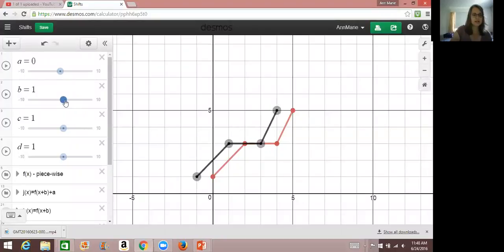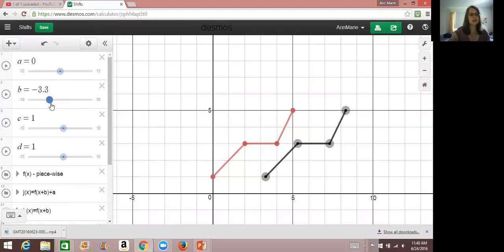So if we start out with my basic function, my f of x, but now I'm going to make a horizontal shift of -3. So this is going to be f of, in parentheses, x minus 3. What that means in terms of my Desmos tool here is b is -3.